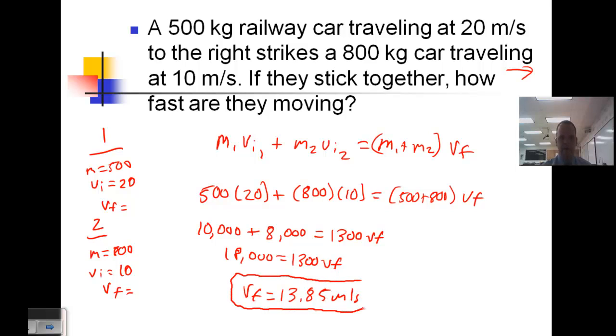That should be logical. If we have a faster moving object hitting a heavier, slower moving object, they're going to stick together and move somewhere in between the two speeds. The fast one's going to slow down, the slow one's going to speed up, and it's going to be closer to the heavier object's speed than right halfway in between.